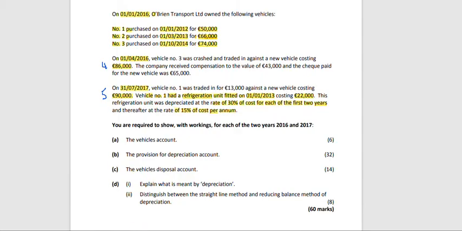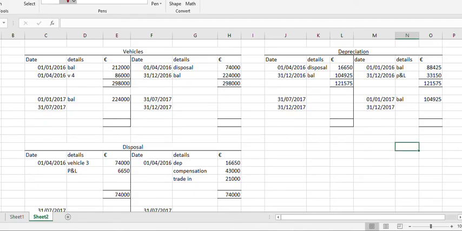So we'll keep going and we will do the disposal of what was disposed of in 2017, which was vehicle number 1, traded in against a new vehicle costing 90,000. Also the refrigeration unit was disposed of in that transaction. So vehicle number 1 cost 50, the refrigeration unit cost 22, that's 72 in total. So we go to 2017, we credit the vehicles account by 72,000, so call it disposal, 72,000.